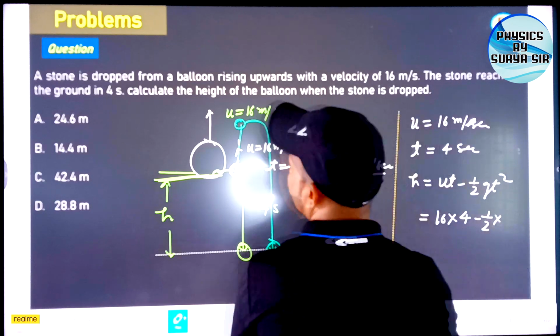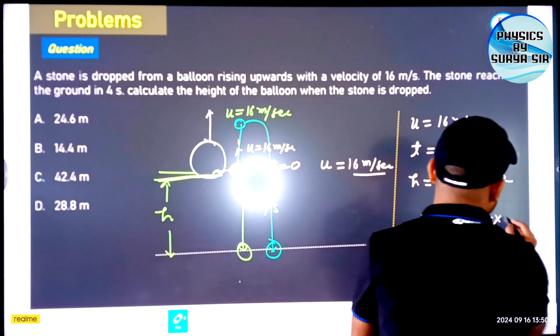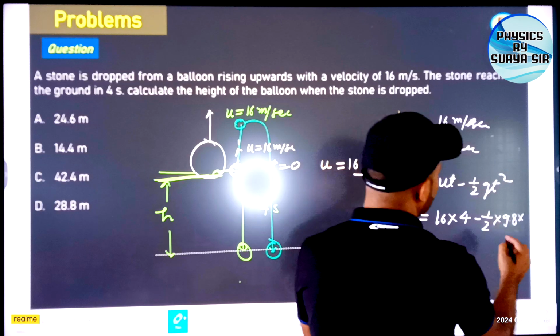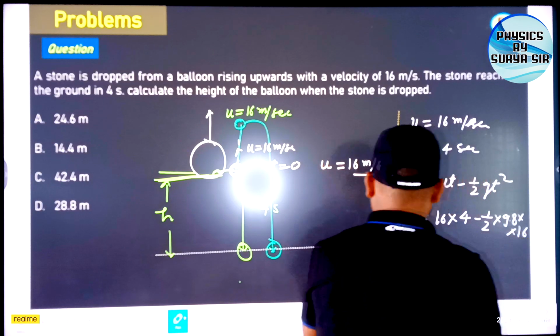The value of g is not given, so we will use 9.8. t square means 4 into 4, 16.